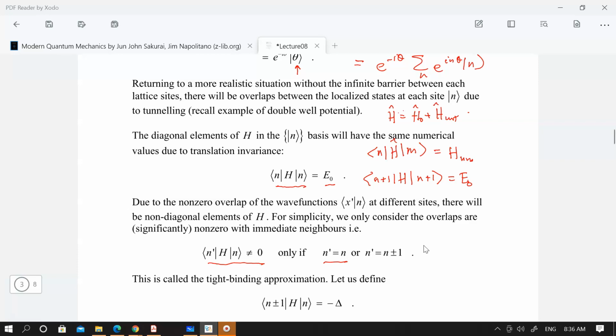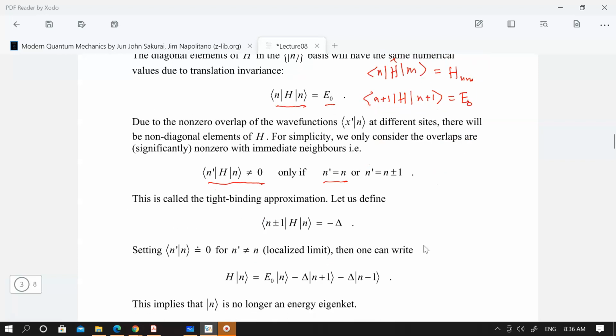But if it's just one lattice site on the right or on the left, then you still get a non-zero matrix element. So this is the confusion part last time. I was thinking of this as already what you call the state, which is different from the localized eigenstate. Now we still use the localized eigenstates as the basis of your Hilbert space.